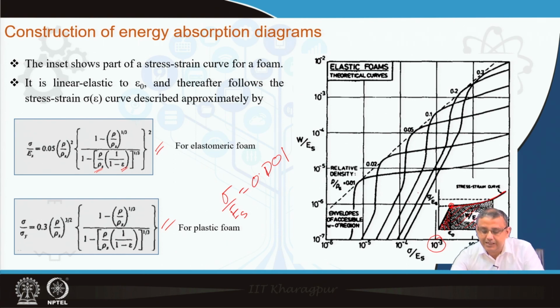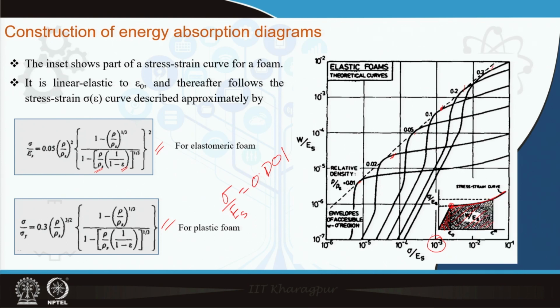Now, these curves or loci give the volumetric energy absorption over stress for different foam densities. As you can see, this first curve is for a density of 0.01, the second curve is for a density of 0.02, then 0.05, then 0.1, 0.2, 0.3 and so on.